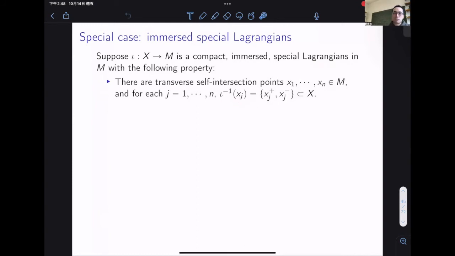Let's assume this immersed special Lagrangian only has this kind of immersed point that is modeled on transverse intersecting planes. So each immersed point has exactly two pre-images.